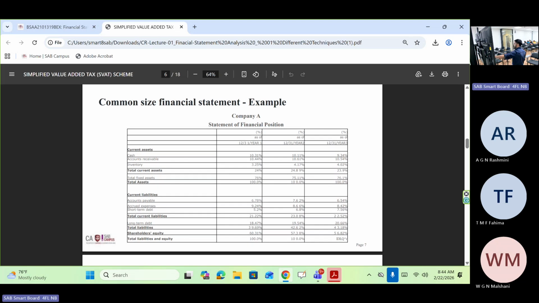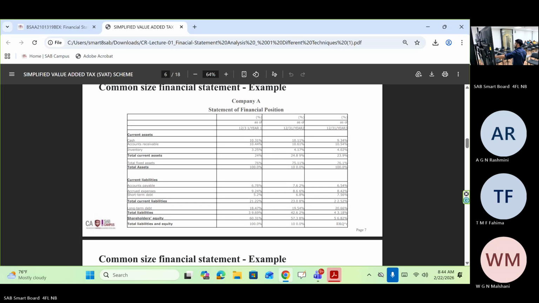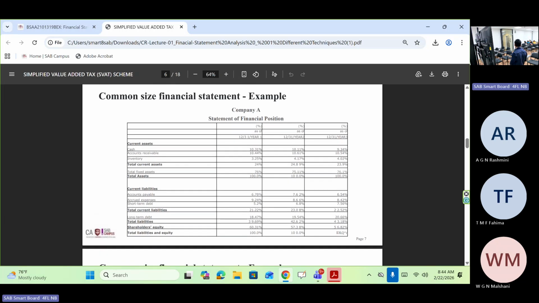The example, financial position. What they have done is considered total asset as 100. And you'll see that of 100 total assets, cash is 10.31. They have considered that as a percentage.